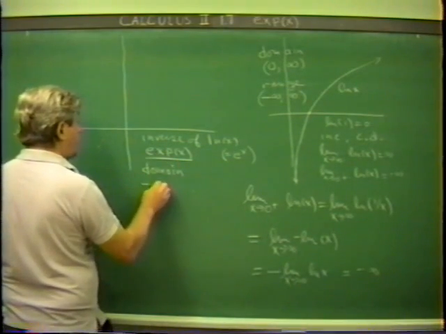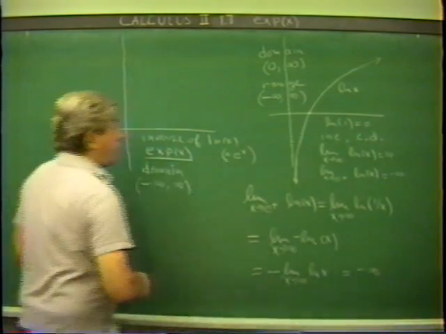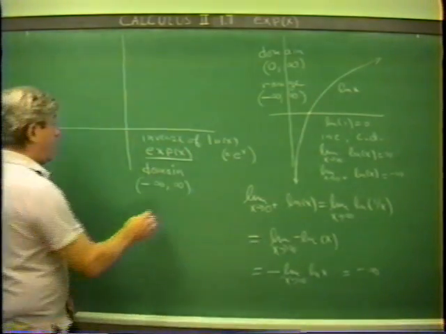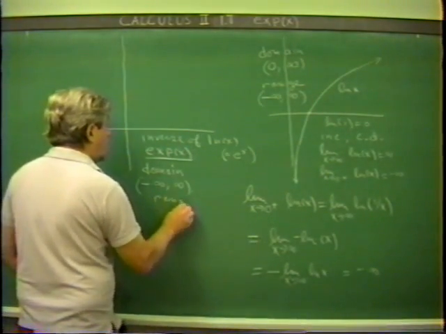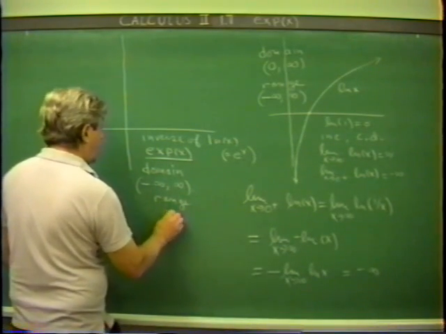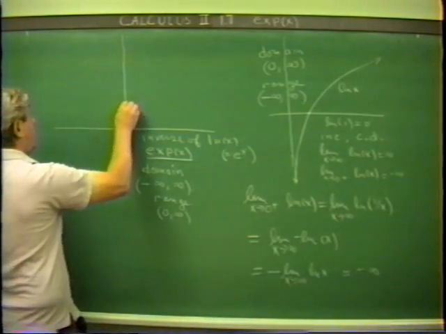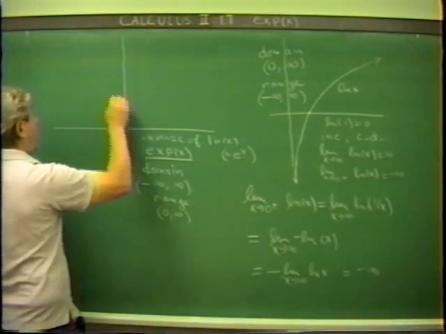The domain of exp of x is going to be from minus infinity to infinity, because the range of the logarithm function was from minus infinity to infinity, and the range of the exponent function is going to be from 0 to infinity.